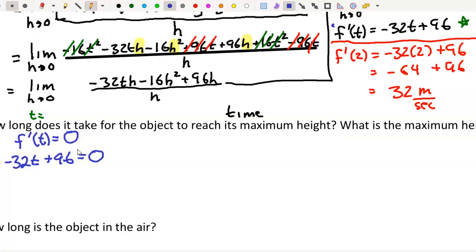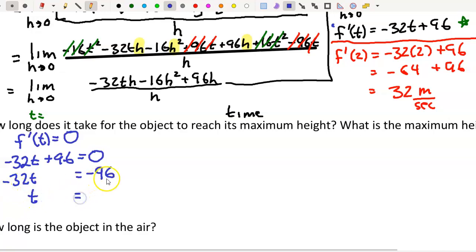And this is a two-step equation, right? So subtract 96 both sides, divide both sides by negative 32. Subtract 96 on both sides, it now equals negative 96. And divide both sides by negative 32, so t will equal 96 divided by 32, which is 3. 3 seconds.